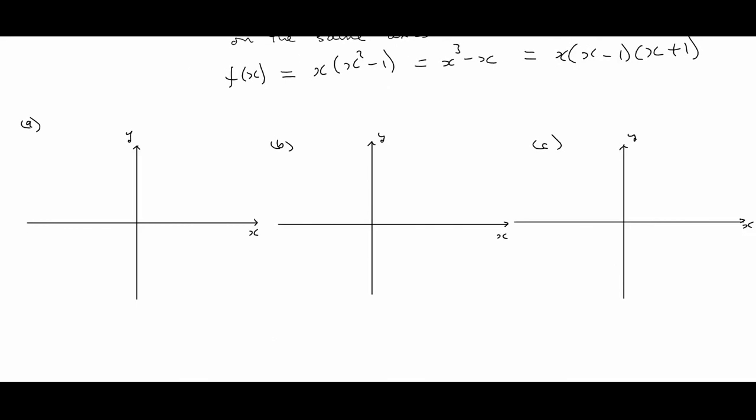So this is a cubic which passes through the origin, and it also passes through the points 1, 0 and minus 1, 0. So it looks like this. And I could sketch that on each of the other 2 axes as well.